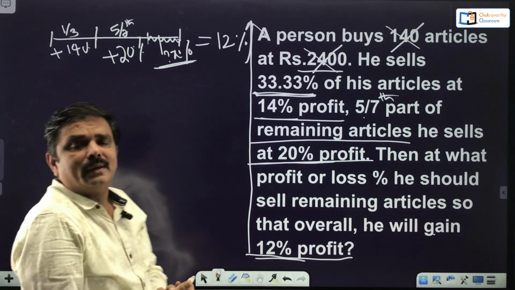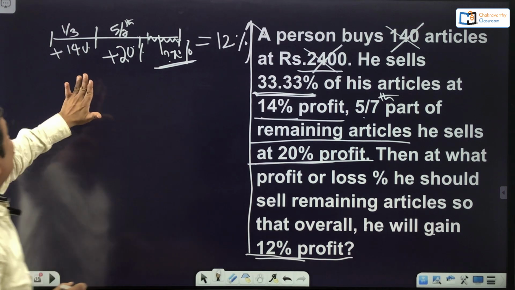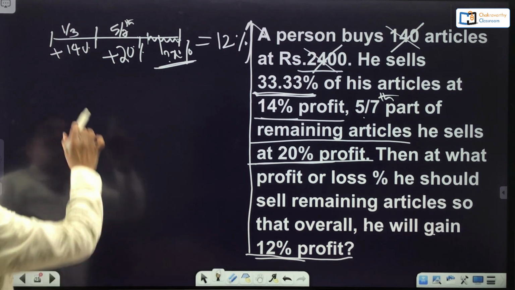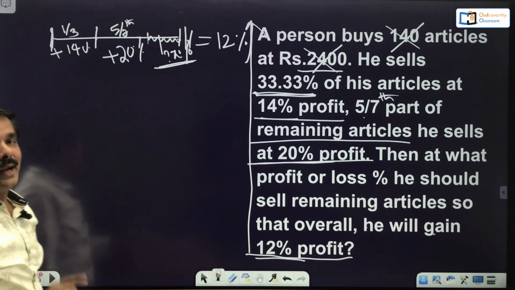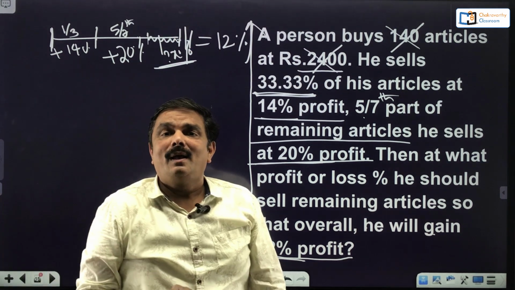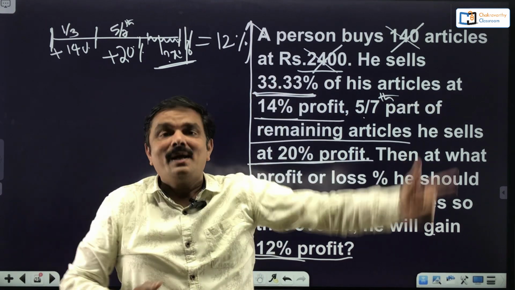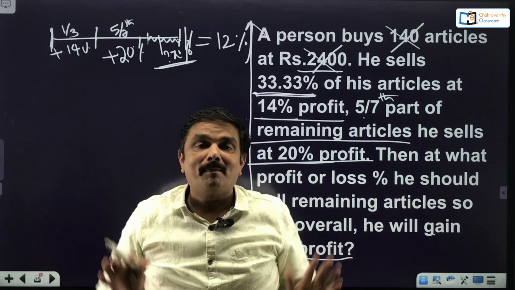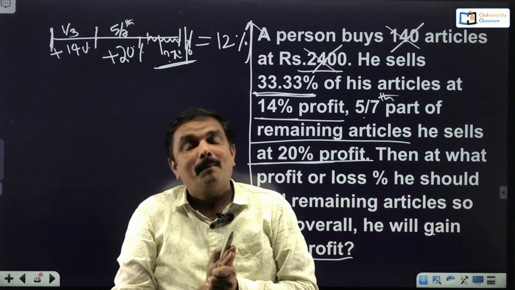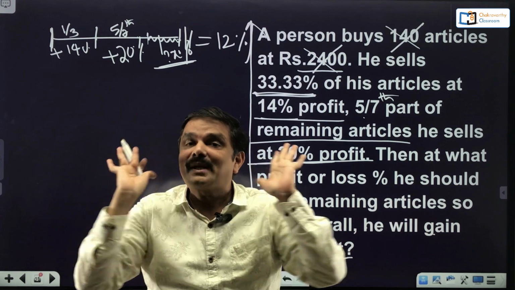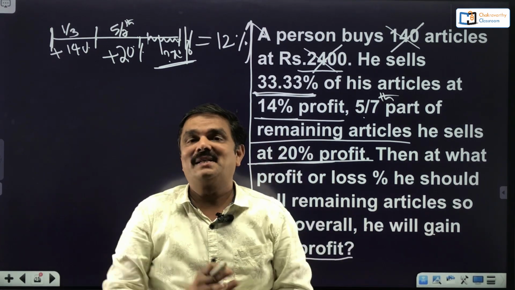We will go with the same method. What is that one? Simple, students. First you take the entire consignment from here to here. You take this one as one imaginary number. Like how we have taken that one as 4 in the previous one, let us take the imaginary number. That imaginary number can be any number, whatever it may be, but there should not be any fractions to avoid wastage of time in the examination.